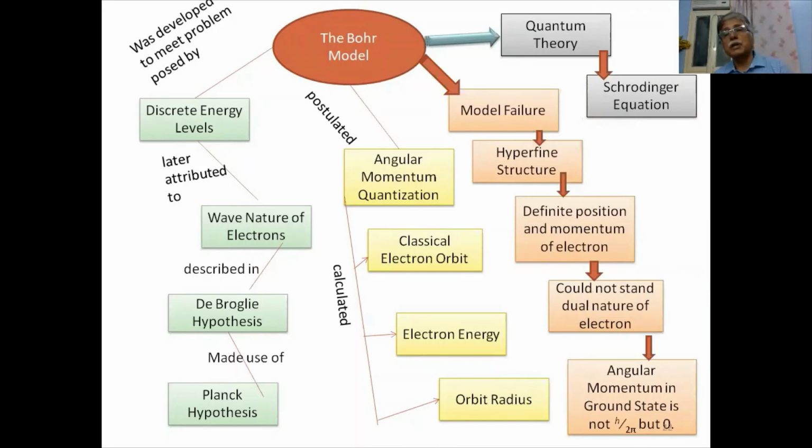Quantum theory was developed in terms of the Schrodinger equation, and the solution of the Schrodinger equation resulted in what we call the wave functions. And what were these wave functions? These wave functions contained all the information about the de Broglie wave associated with the particle.